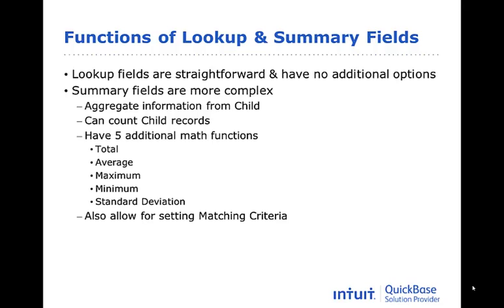This simple addition to the functionality of the summary field opens up a world of possibilities with our data. It is important to note, however, that when building the criteria, while we can select multiple pieces of criteria, all criteria must be true in order for the function to calculate correctly. In other words, we cannot use OR in this setup.